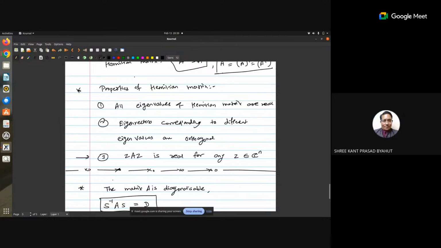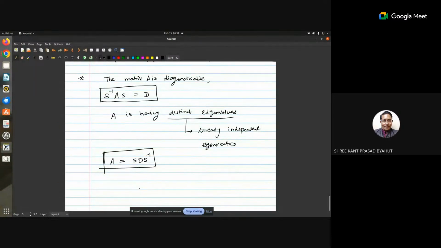The condition for the matrix A to be diagonalizable: must A be symmetric? It doesn't require that. A has to be a square matrix.